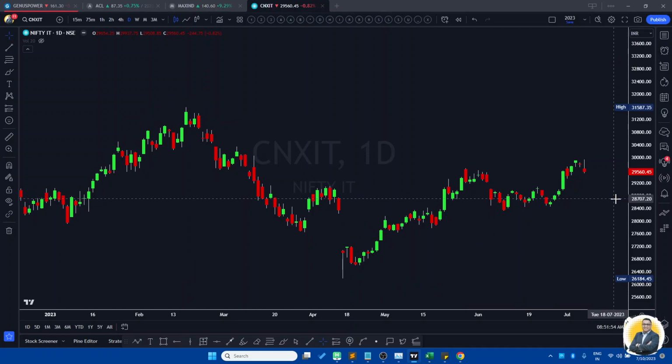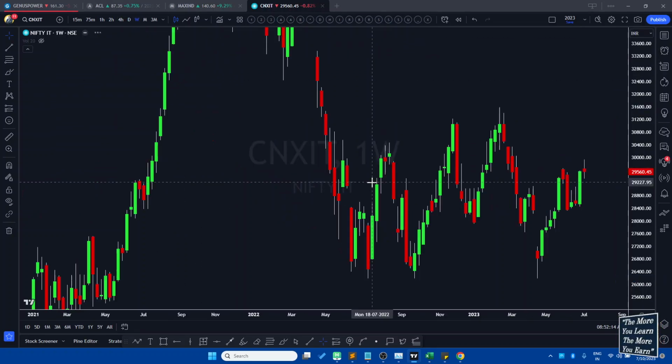But I think chances are there'll be a couple of interest rate hikes, which means there'll be a swift correction which can come in Nasdaq, which means our CNX IT in the Indian market will also underperform.